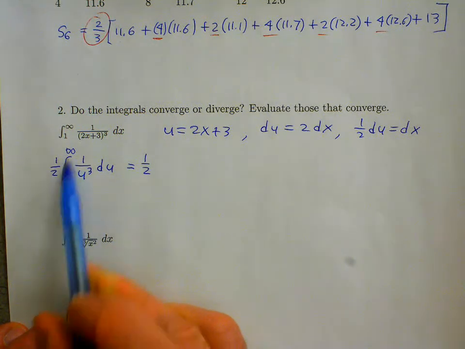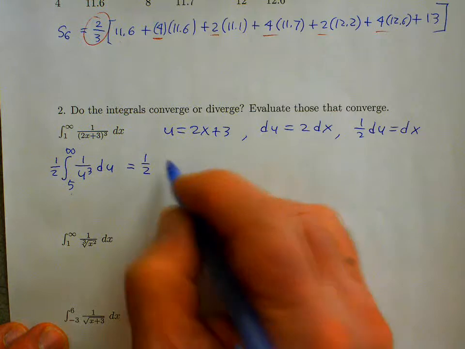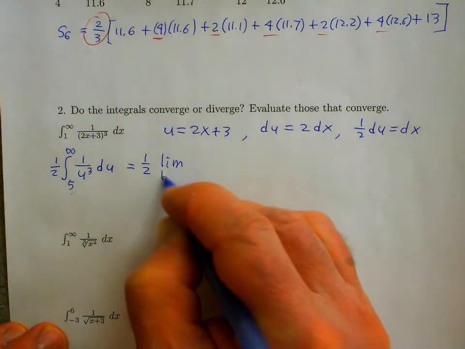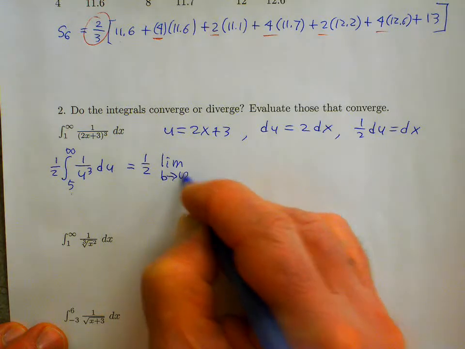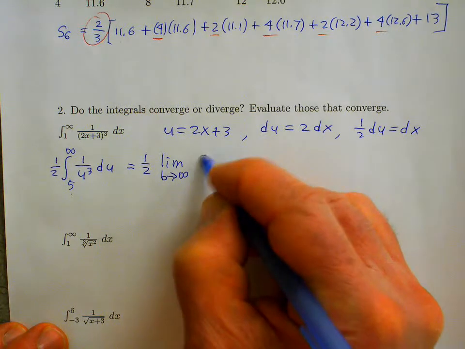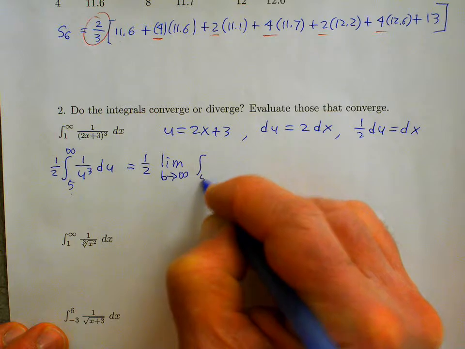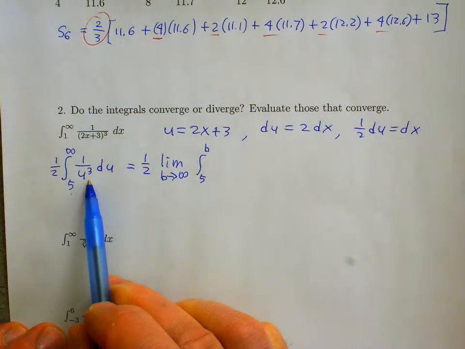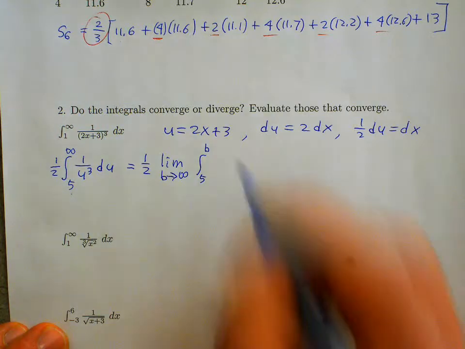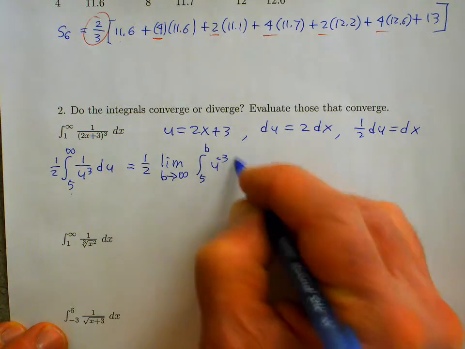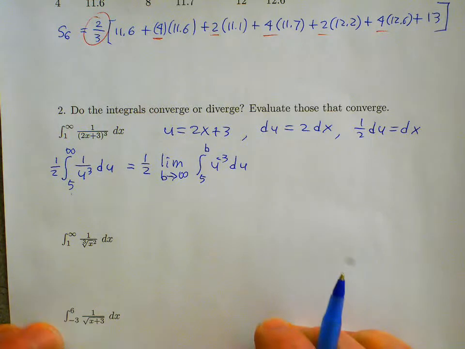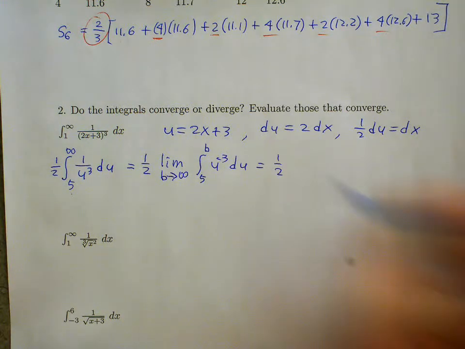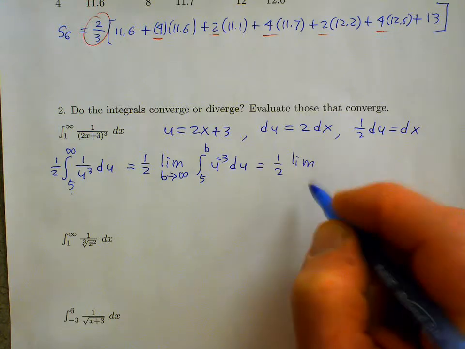For this kind of improper integral, we'll write it as the limit as b approaches infinity of the definite integral from 5 to b, and then I'll replace 1 over u to the third with u to the negative 3 du. And then compute the integral.